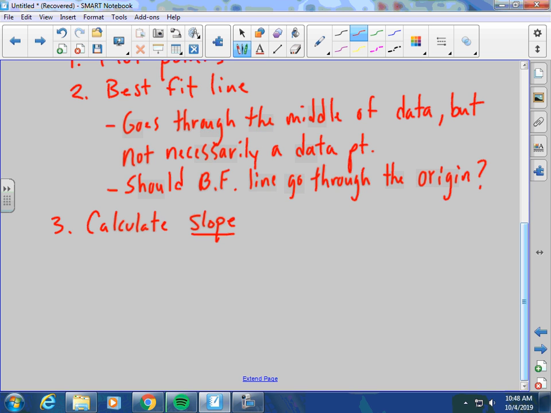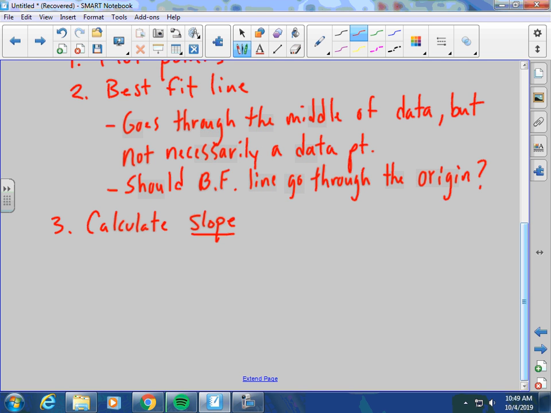It also tells me if it's going up or going down, okay? And if you look at the back side of your lab sheet, you'll see that I did put in there how to find slope, but we should write it in our notes too. And I might want to describe it a little differently than I did on there.